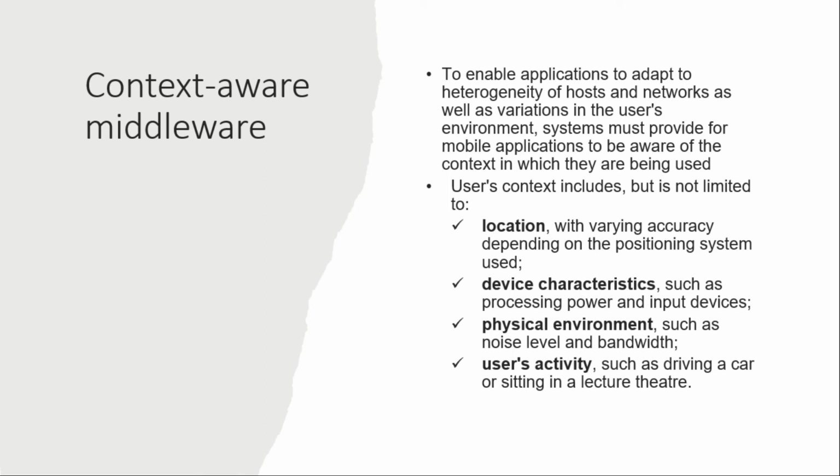Users' context includes but is not limited to location, with varying accuracy depending on the positioning system used. Device characteristics such as processing power and input device, physical environment such as noise level and bandwidth, and also users' activity such as driving a car or sitting in a lecture theatre.